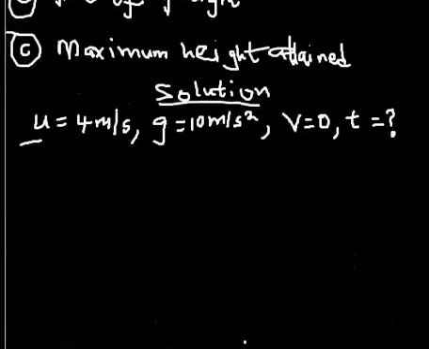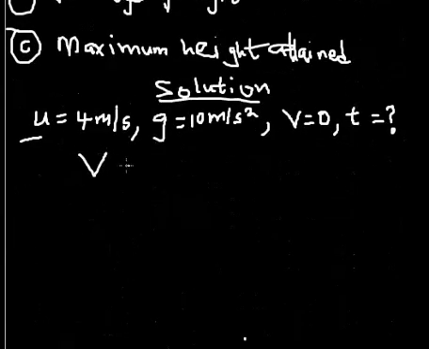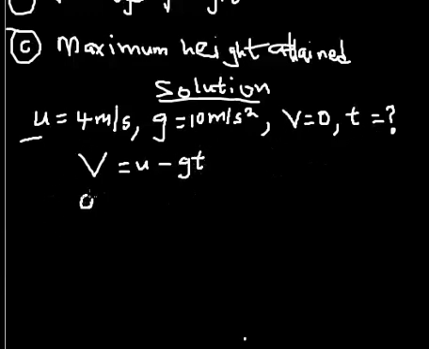So we've used the first equation, v is equal to u. Then the question also asks which one are we going to use, minus or plus? Of course I'll use minus because g is negative, it is upward. So minus gt. So we're looking for the time, so I put the value of the parameters. v is 0, u is 4, minus g is 10t.